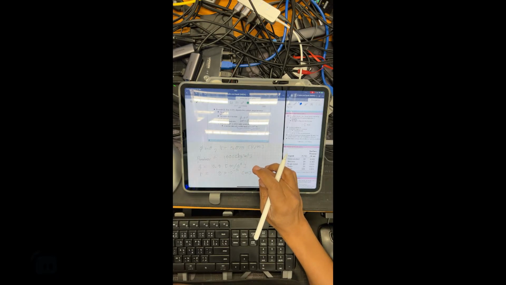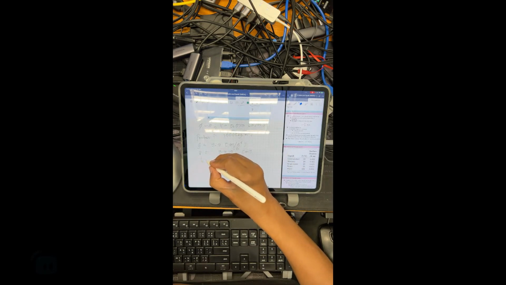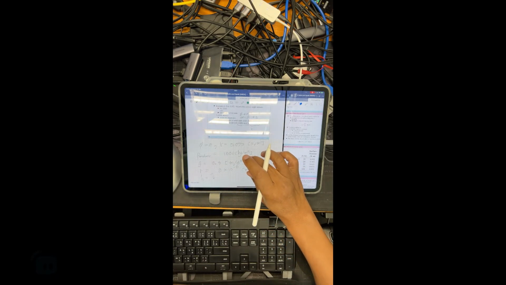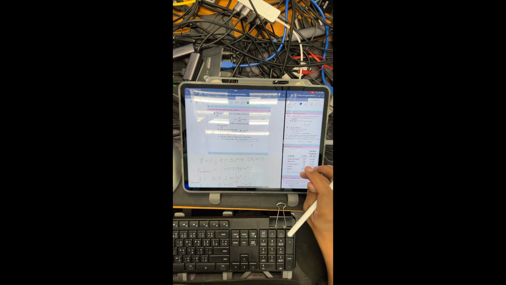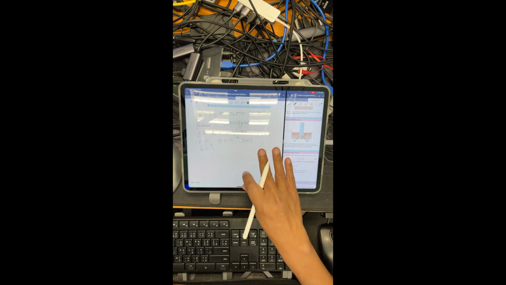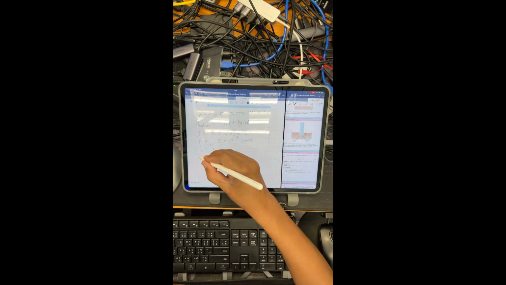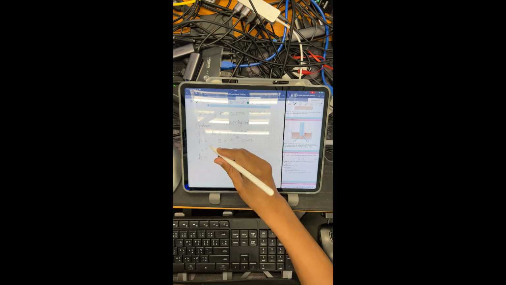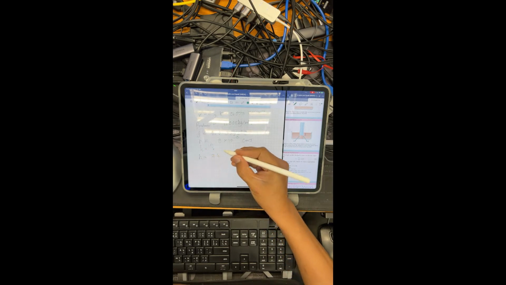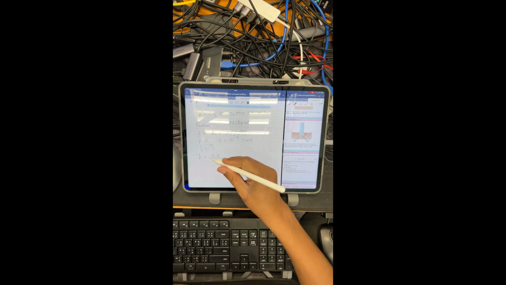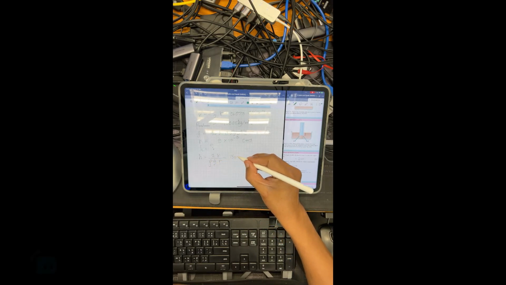They want to know the height h, so we have to use this formula: h equals 2 gamma over rho g r cosine of phi.